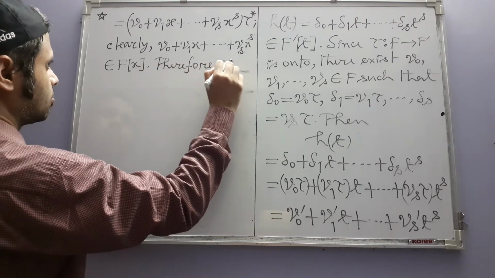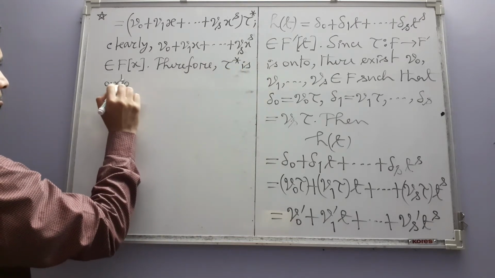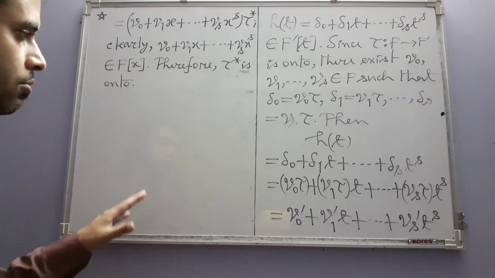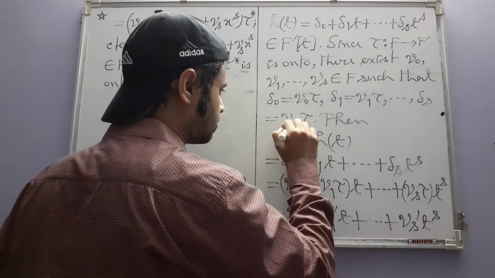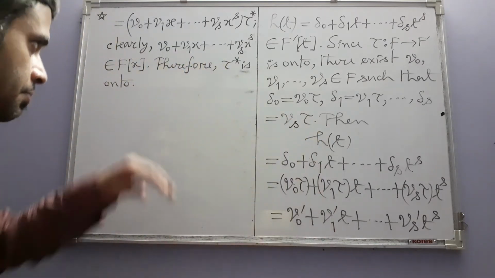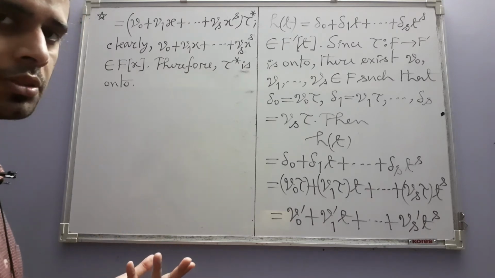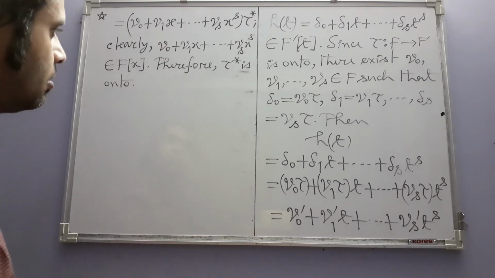Therefore, tau star is onto. So now we have completely shown that the function tau star we defined a few moments back is in fact an isomorphism of the first polynomial ring onto the second polynomial ring.